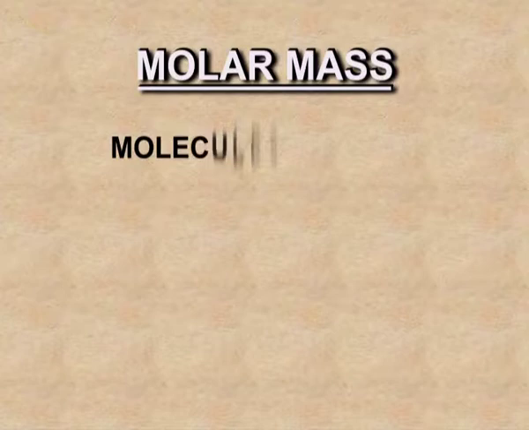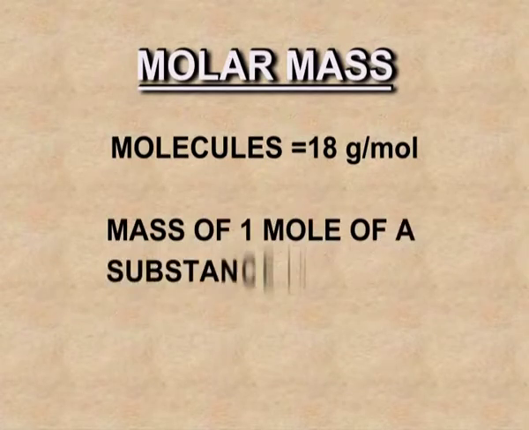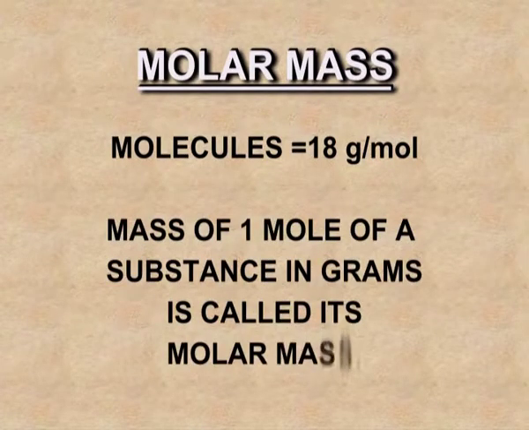And we know that the molar mass of water is 18. So, the mass of 6.022 × 10^23 molecules is 18 grams. Mass of 1 mole of a substance in grams is known as molar mass.